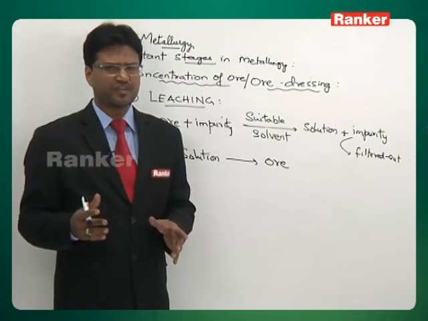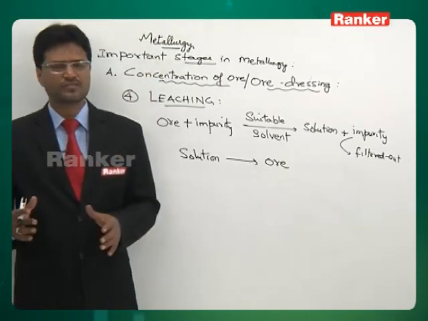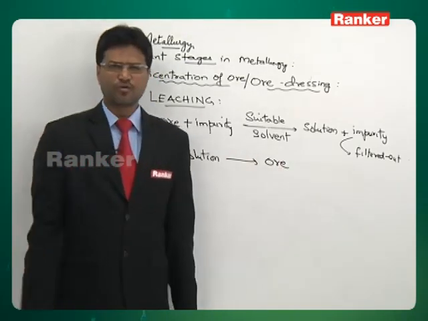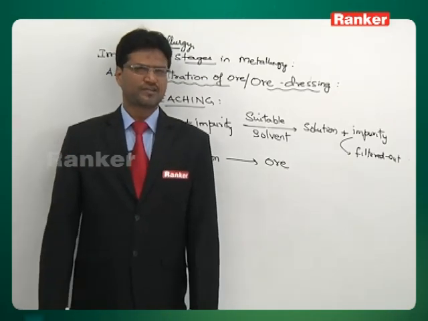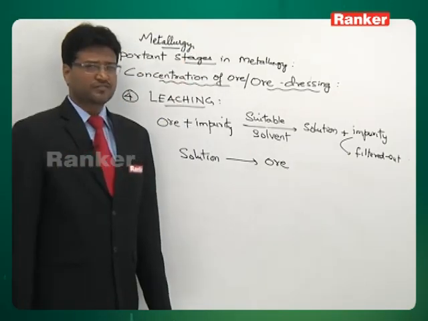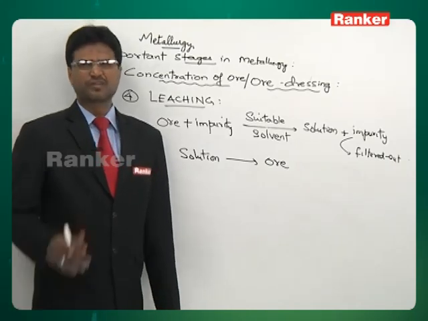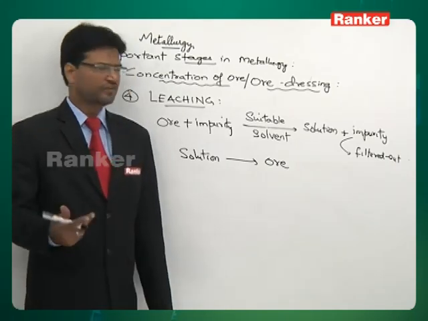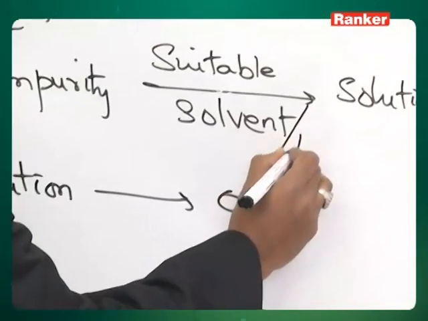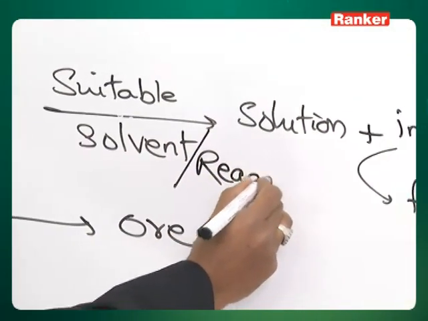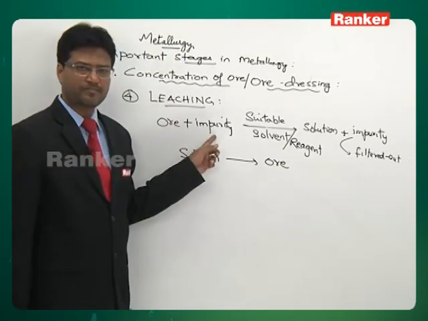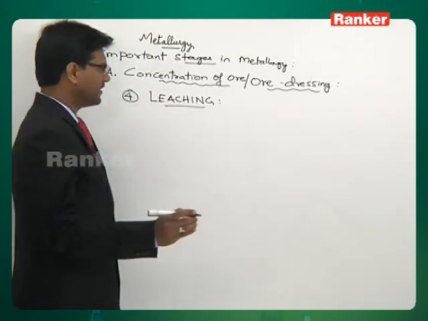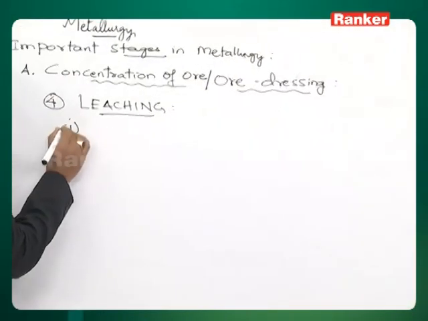After the removal of impurities, the solution is suitably treated to recover the ore. Let us take a specific example and try to understand what leaching is. Leaching involves the use of some solvent or reagent which can dissolve the ore but not the impurity. Let's look at an example of leaching. Number 1.